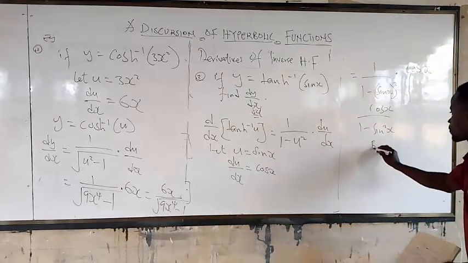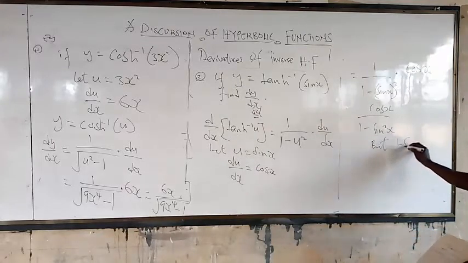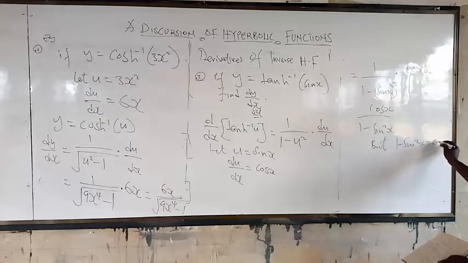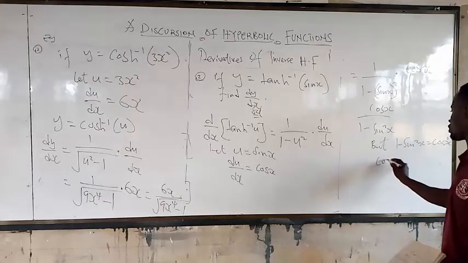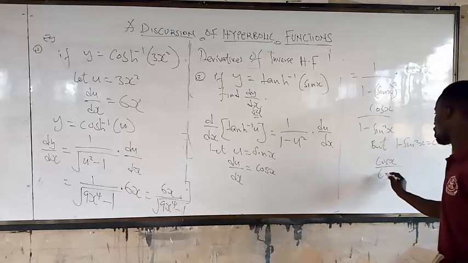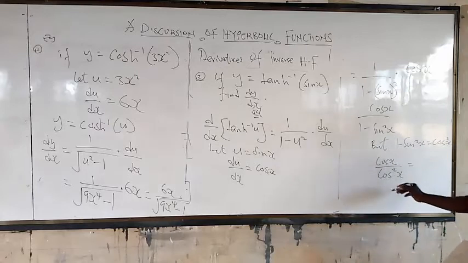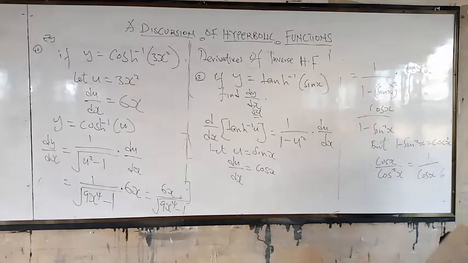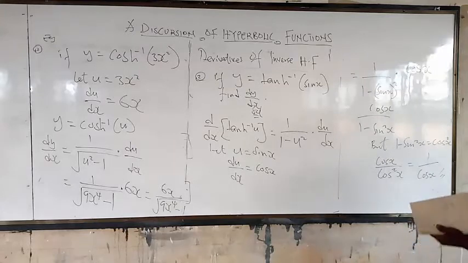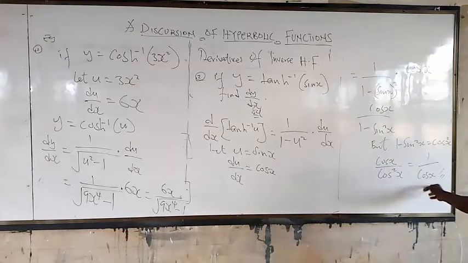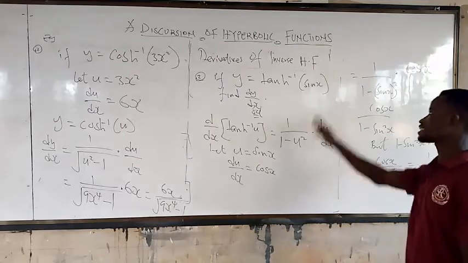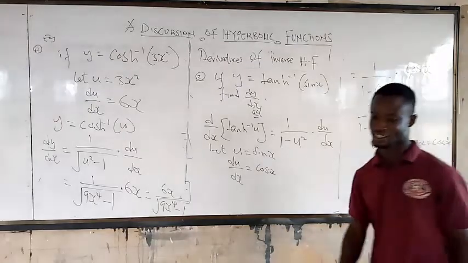But we know that 1 minus sin square x is equal to cos square x. So here we get cos x over cos square x, and one of these will cancel this, we will get 1 over cos x. Very good. So that is the result of the derivative of tan inverse of sin x.